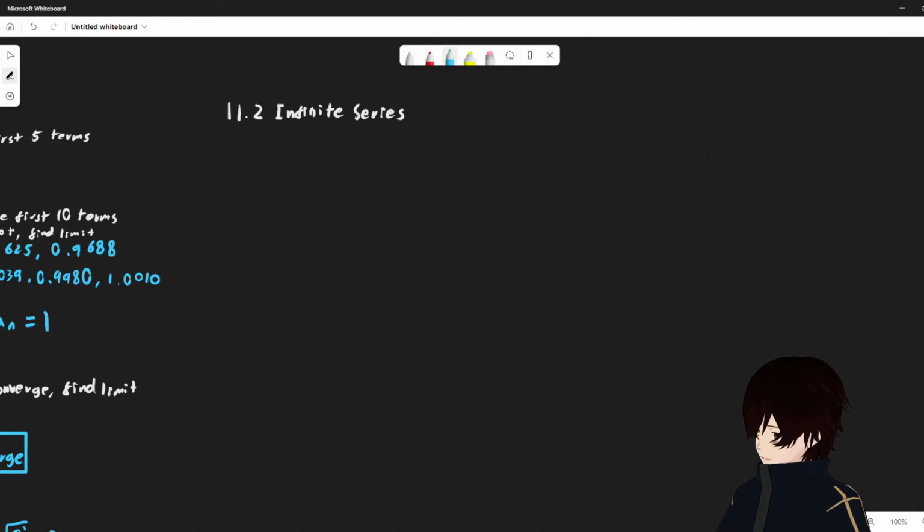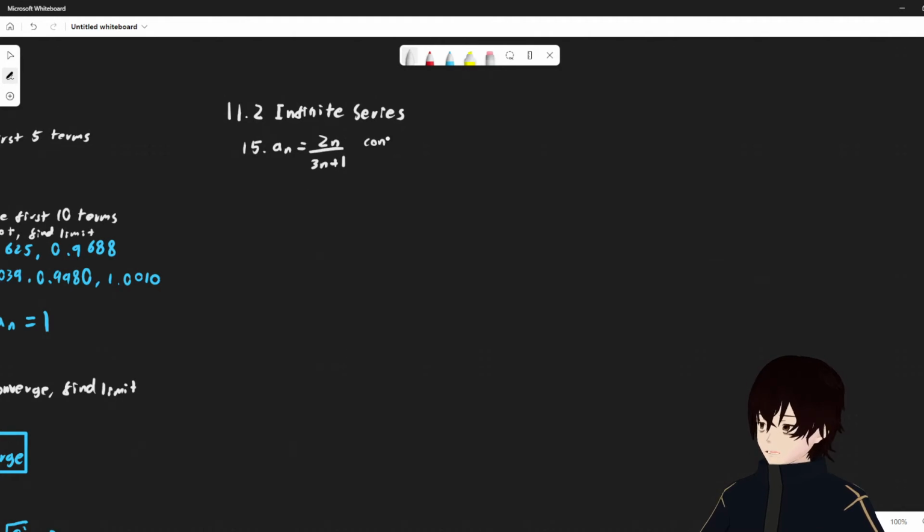Infinite series, and we've got a couple of problems for this one. First, we're starting off with number 15. 15 says the sequence a of n is equal to 2n over 3n plus 1.